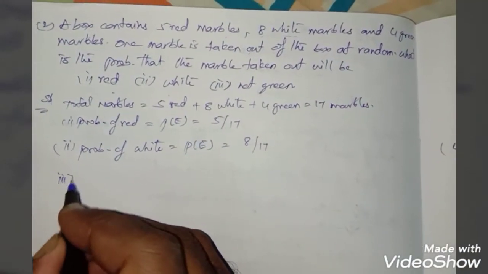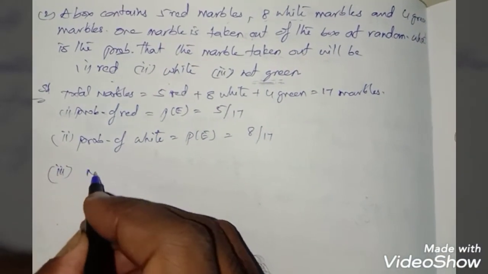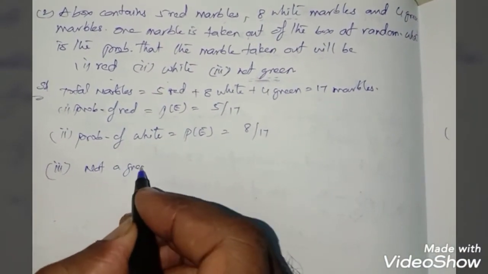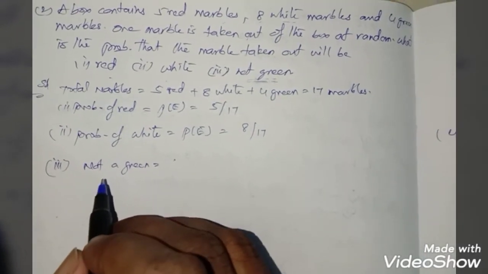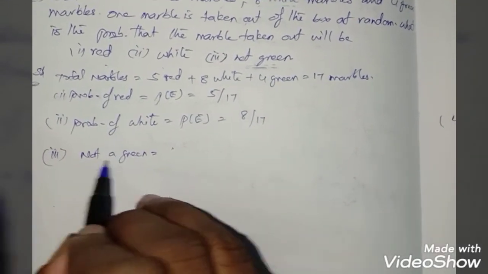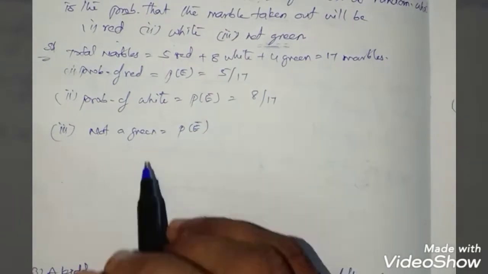Now coming to the third question. Not a green. In the previous problem we went through these types of problems, not a red. So here we are given not a green, that is P of E bar. To find not a green, you have to find the probability of green.